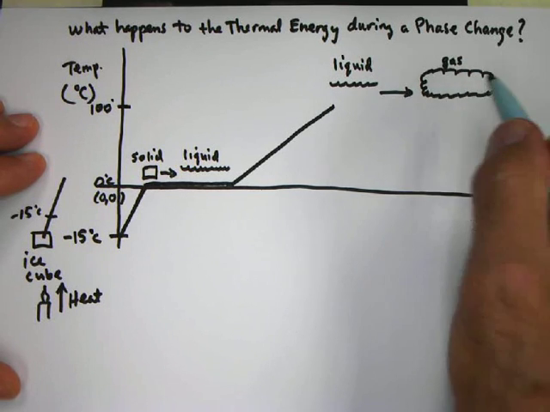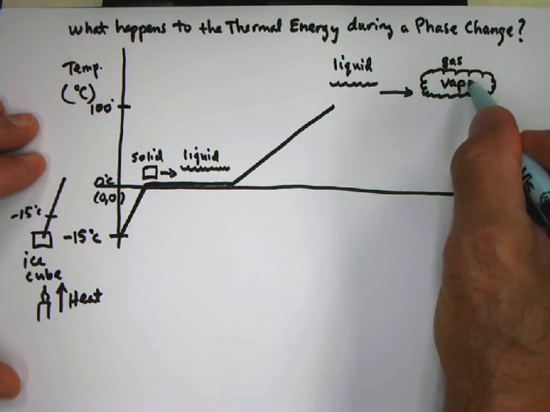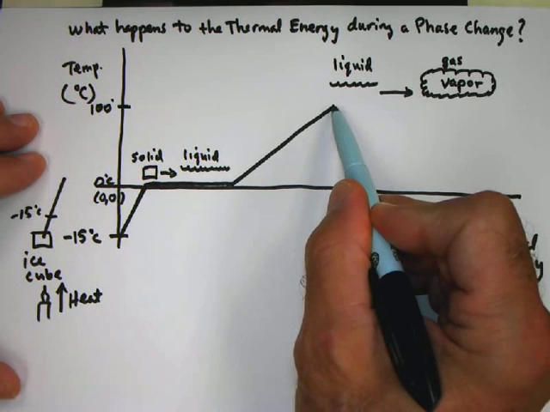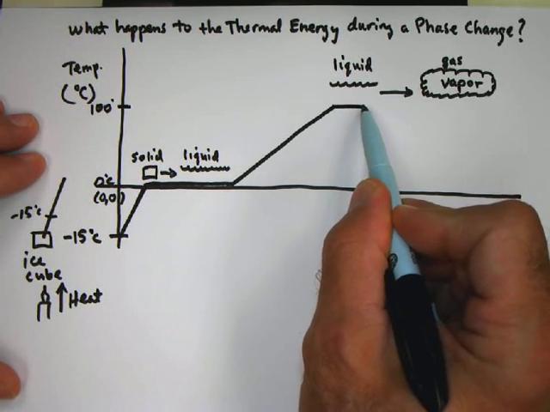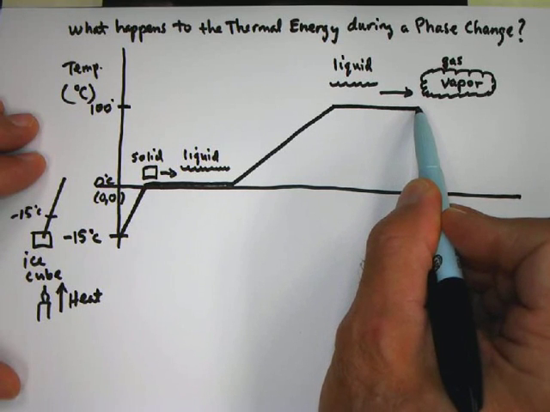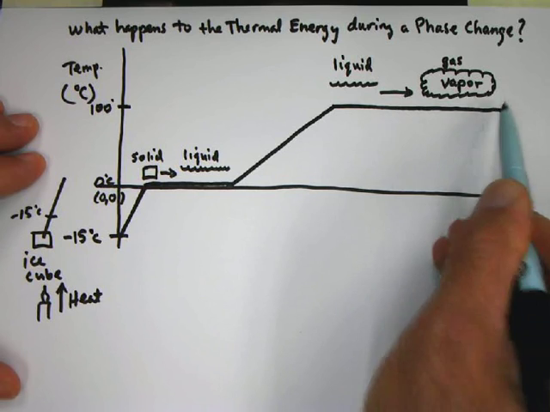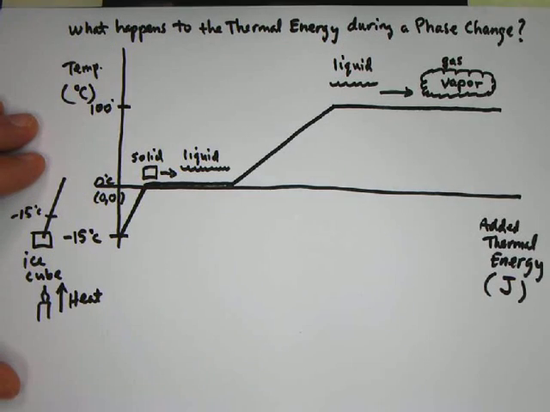So it's also known as water vapor. Okay, and during this transition where it's converting from liquid water to water vapor, the temperature remains at 100 degrees. We don't have an increase in temperature during that time.